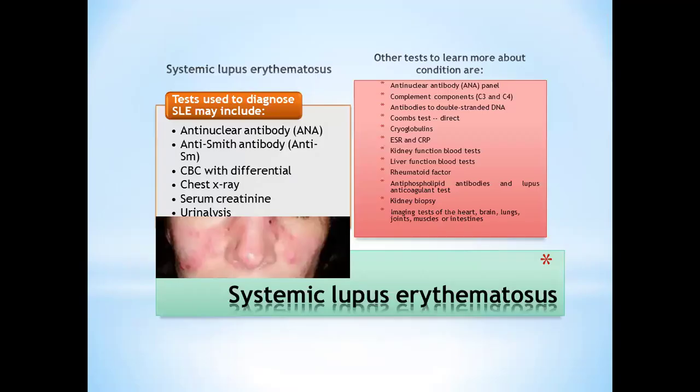Next disease, named systemic lupus erythematosus. Tests used to diagnose SLE may include antinuclear antibody, anti-Smith antibody, CBC with differential, chest X-ray, serum creatinine, and urinalysis. Other tests to learn more about the condition are the following.